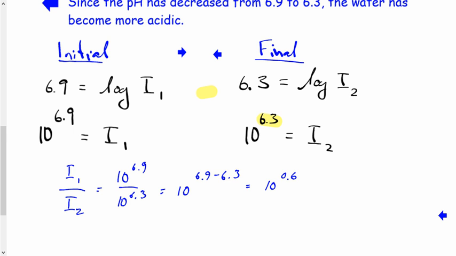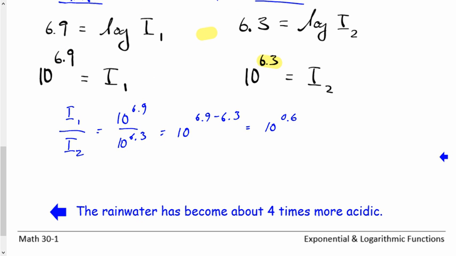And 10 to the 0.6 is about 4. So we'd say the rainwater has become about 4 times more acidic than it was at the beginning of the year. So that small change in pH value is actually fairly significant if we think about the acidity being 4 times as much.